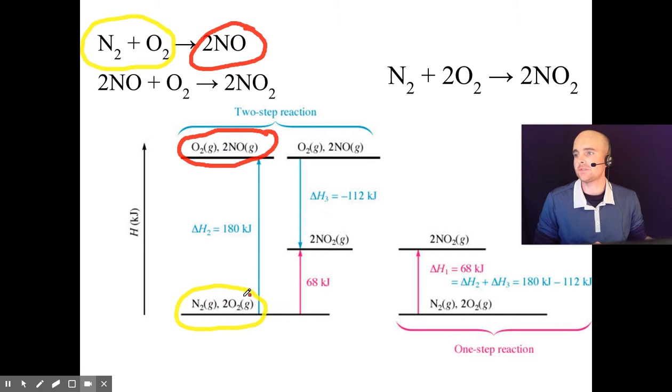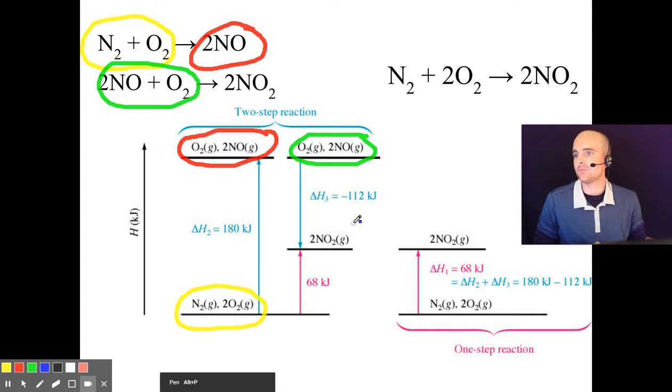So it jumped 180 kilojoules from here to here, and then in green, it goes from these, the reactants for the second equation, and then they go down to the products of the second equation here.